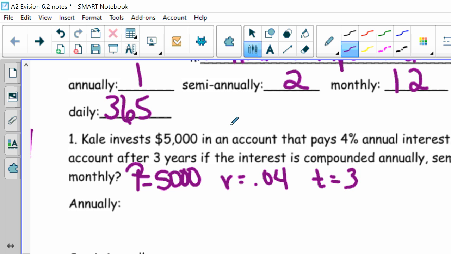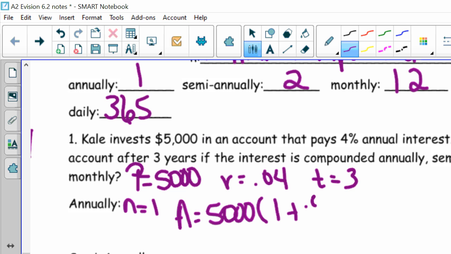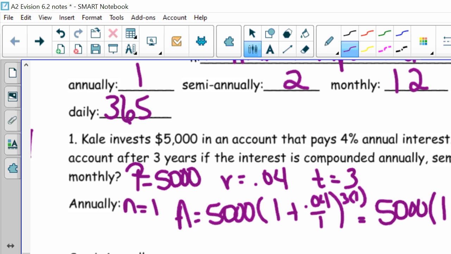So first, annually, n equals 1. We would say A equals 5,000 times 1 plus 0.04 divided by 1, to the 3 times 1 power. So that's 5,000 times 1.04 to the third power.